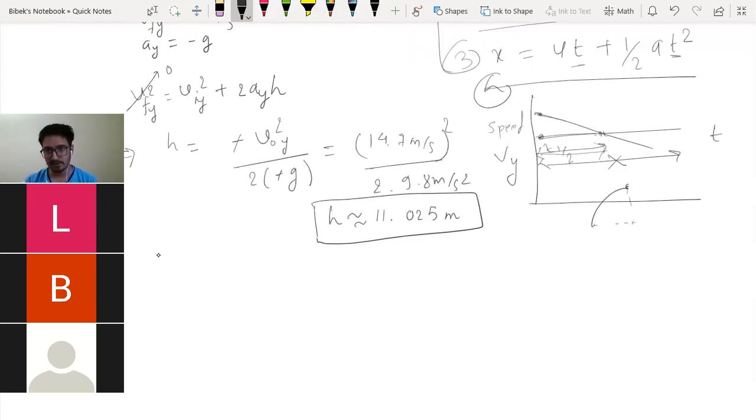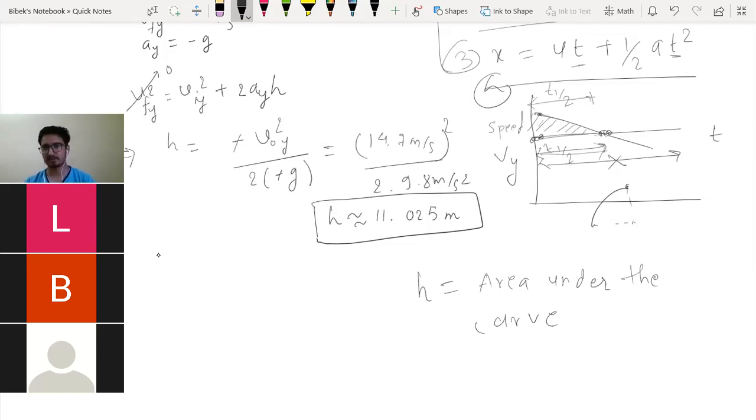If you find the area under the curve, since we're going from here to here, that's half of the total time of flight. So the distance h is the area under the curve from this time to this time.